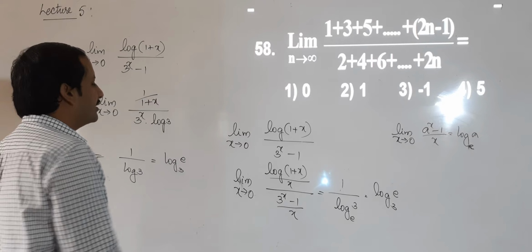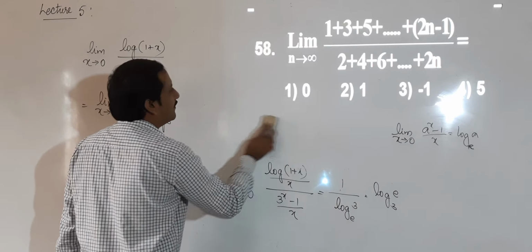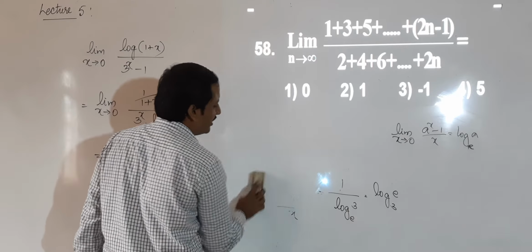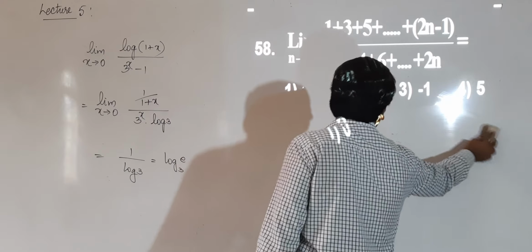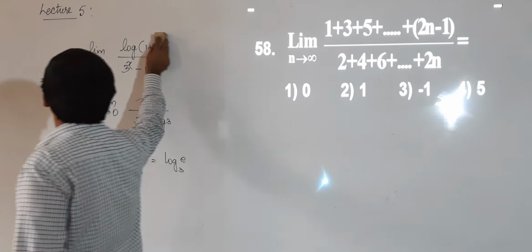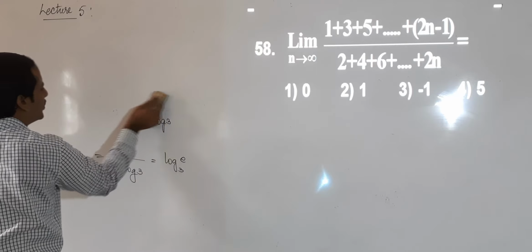Then the 58th question. Limit n tends to infinity, (1 + 3 + 5 etc. up to 2n − 1) divided by (2 + 4 + 6 etc. till 2n).